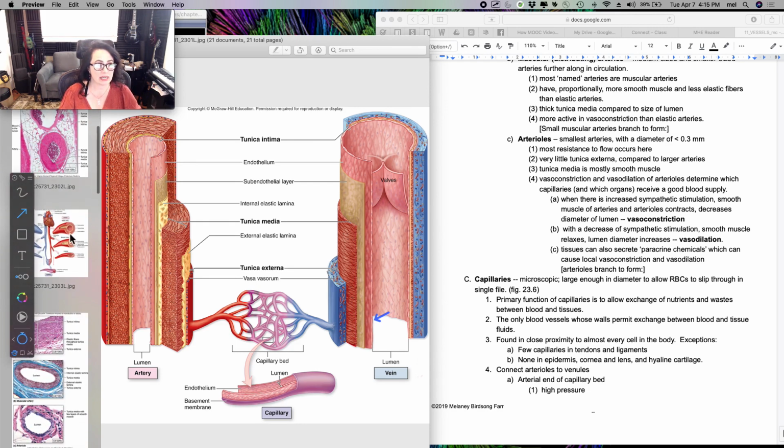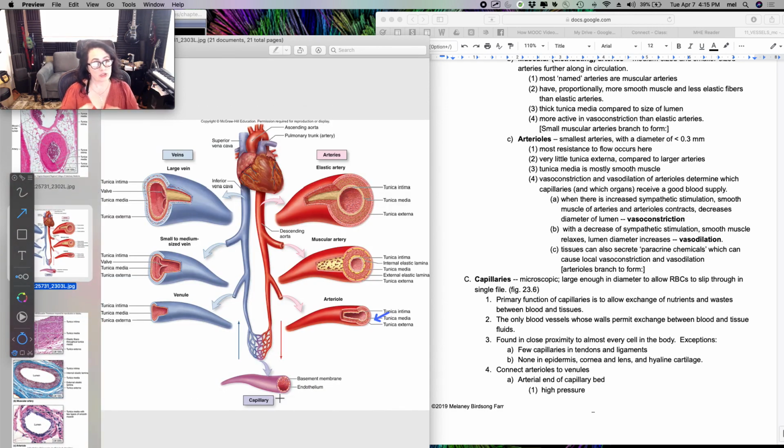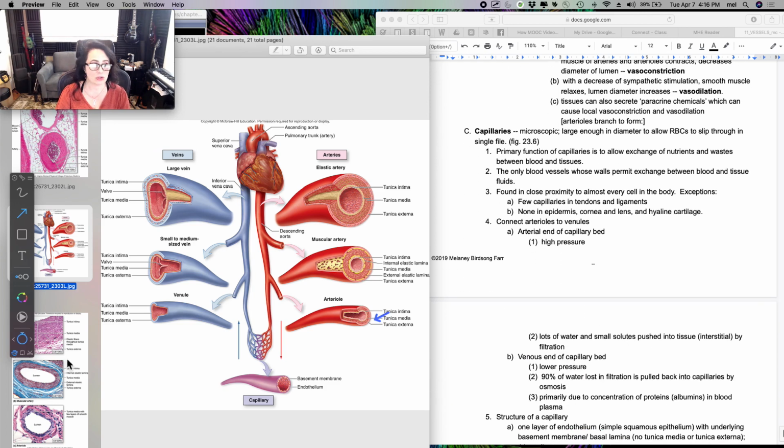They don't have any connective tissue in their wall, which is great for gas exchange, nutrient exchange, and waste exchange, but it's not very protective. So they don't have all of this protection in their wall. That means you need to protect them, if necessary, with the arterioles that are leading to them. Okay, and then we'll get to the types of capillaries that exist.